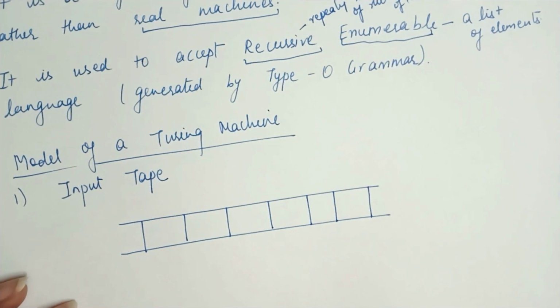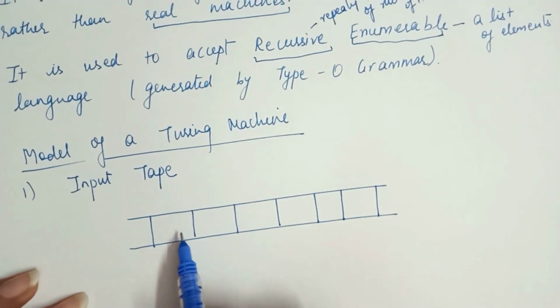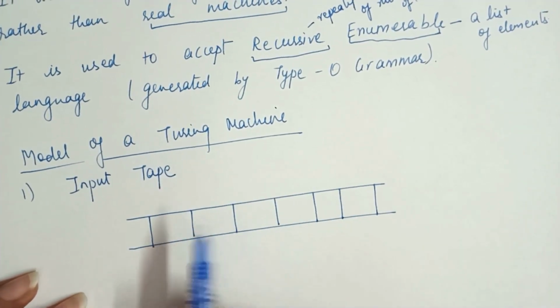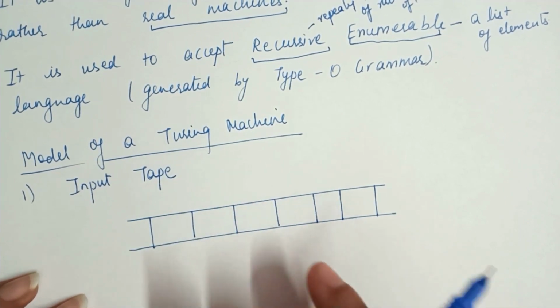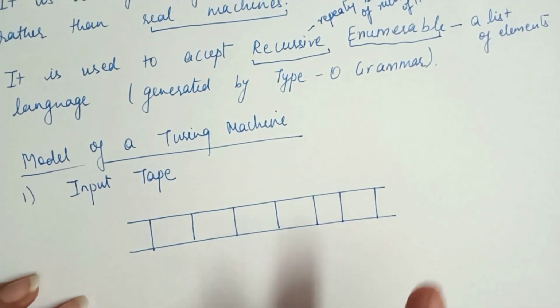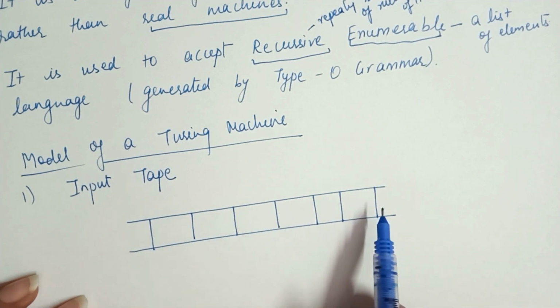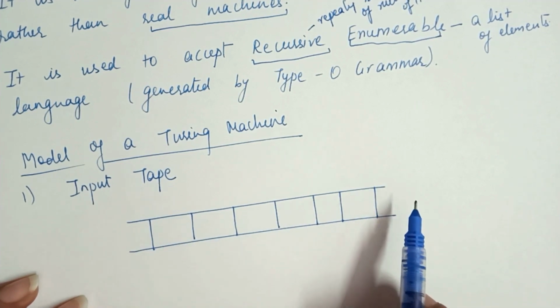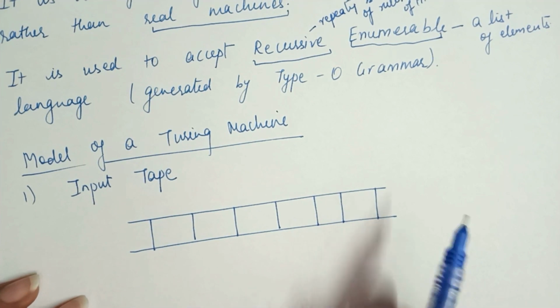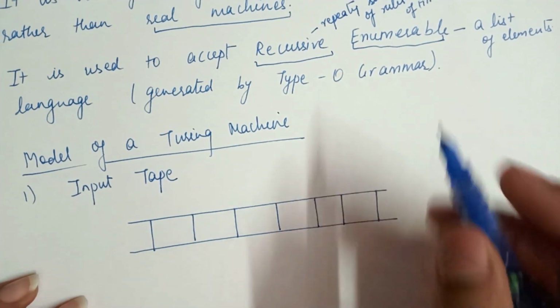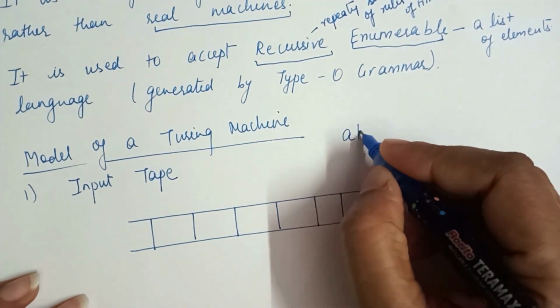The input tape has an infinite number of cells and each cell contains one input symbol, and thus the input string can be placed on this tape, and the empty tape is filled by a blank character. Suppose we have an input string ABA.